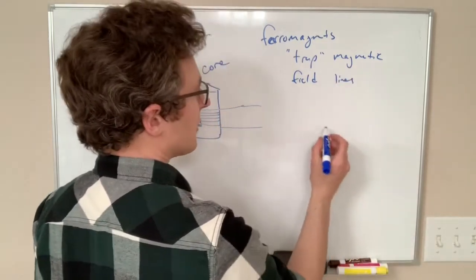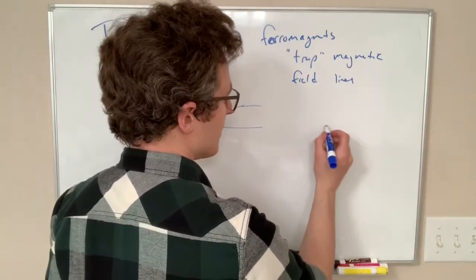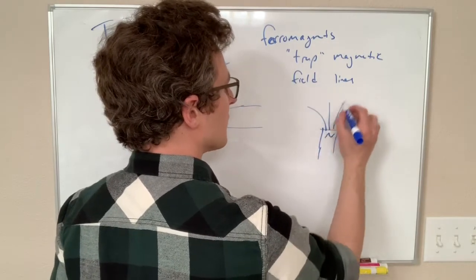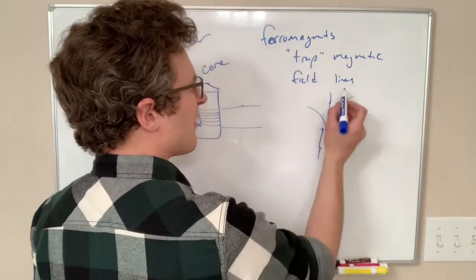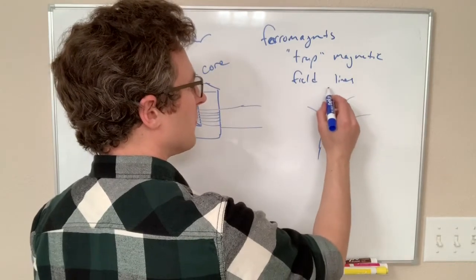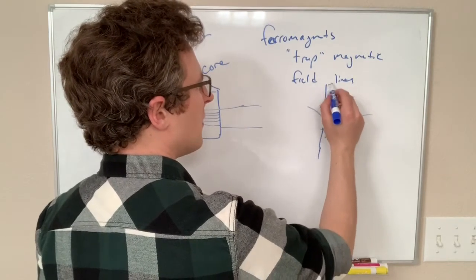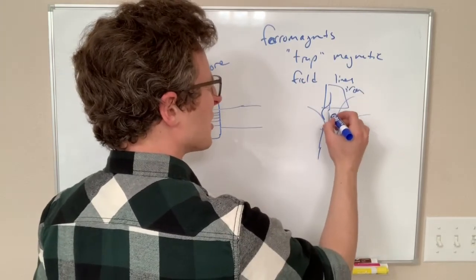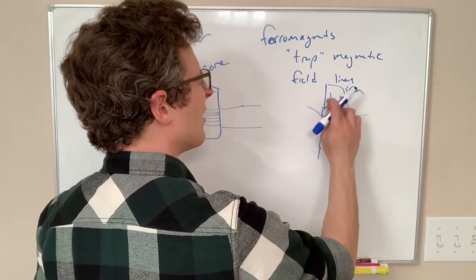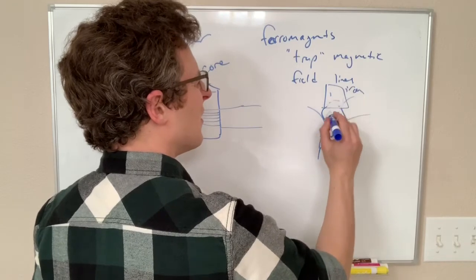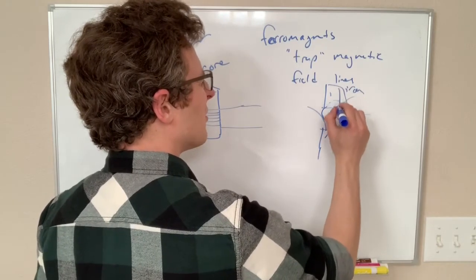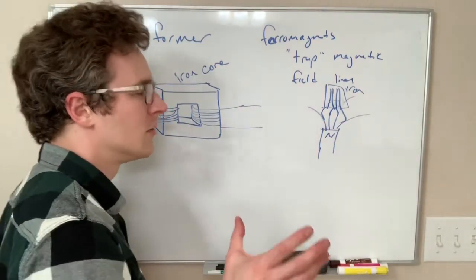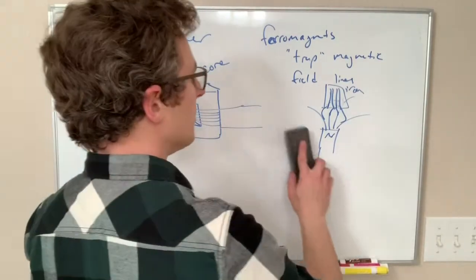So if you have a magnetic field, like, let's say, just really quickly, a magnetic field from a bar magnet that at this end looks kind of like this, and I have a piece of iron near this, these magnetic field lines are all going to want to go into the iron and kind of get trapped in there, kind of like that. So the iron kind of attracts these magnetic field lines to it.